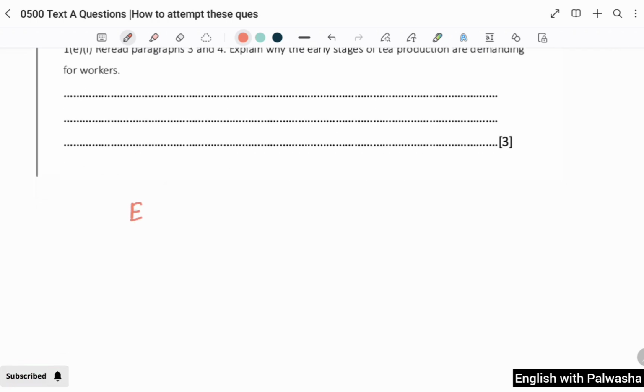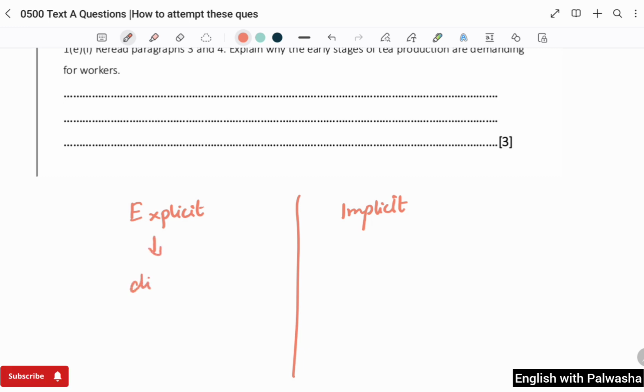There are explicit, and then there are implicit questions. What do I mean by explicit? Something which is direct and which has exact direct answers, no details added into it.